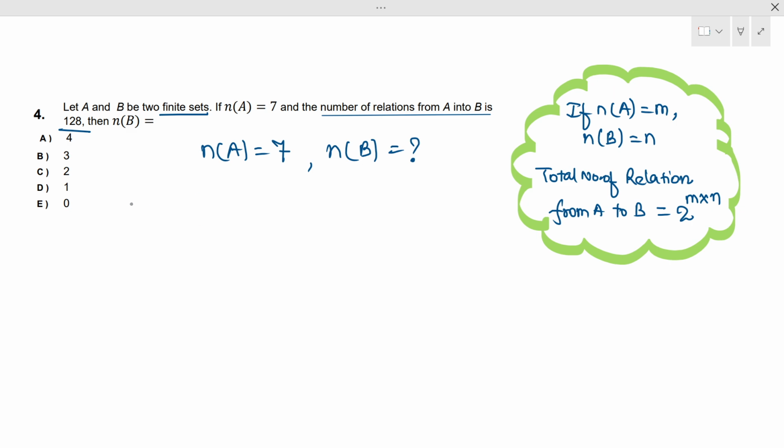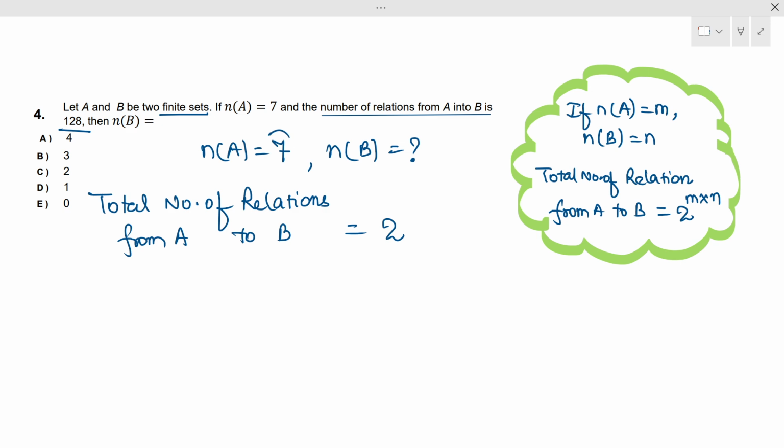So here the total number of relations from set A to set B is equal to 2 to the power, here m is 7 and we don't know n, so let's take this as n(B), right? And we are given the number of relations from A to B is 128, so we should write here 128 is equal to 2 to the power 7 into n(B).